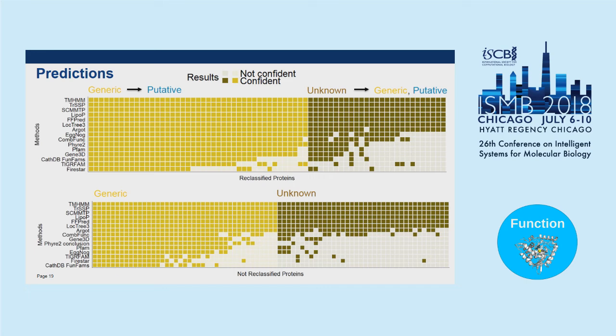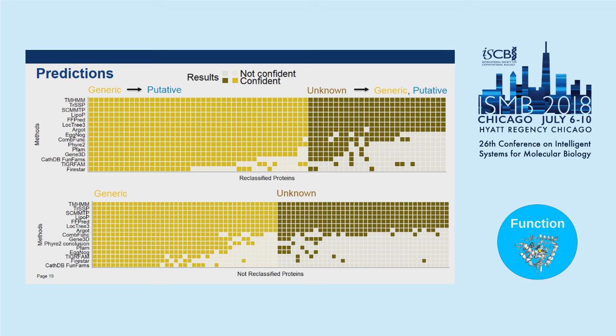So in the end, we looked at the confidence of results obtained from the methods to see what was the difference between the proteins for which we were able to increase confidence class and for which we weren't able to do that. The colored squares represent the confident results and non-colored squares non-confident results.